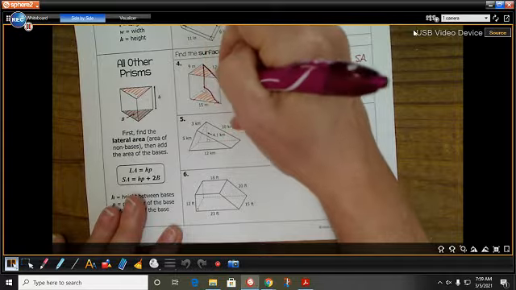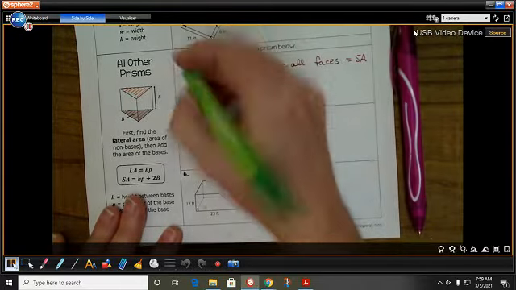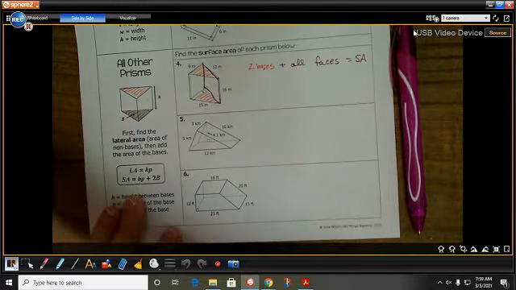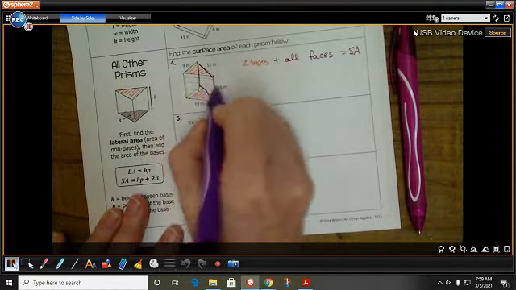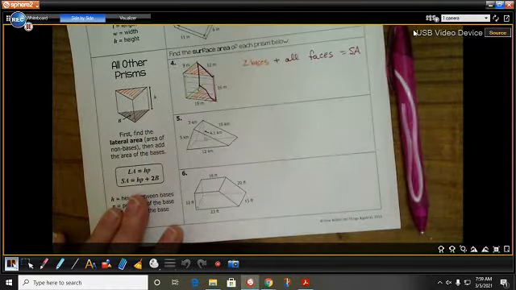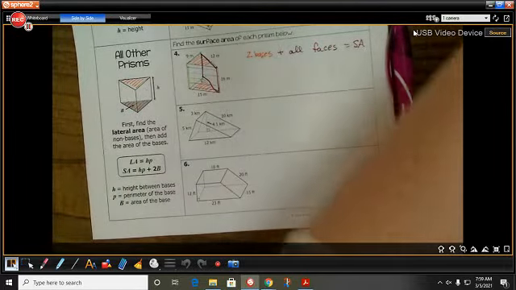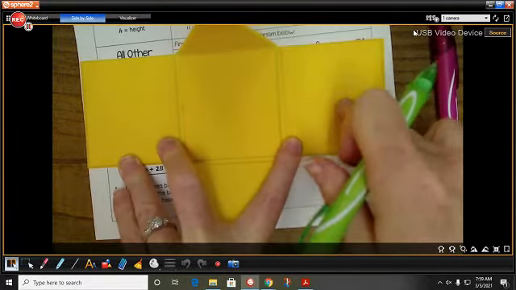You could do the area of this rectangle, add on the area of this rectangle, and then find the area of the front one here and add those all separately. A shortcut to that is to find the lateral area of all of these sides in one big piece.